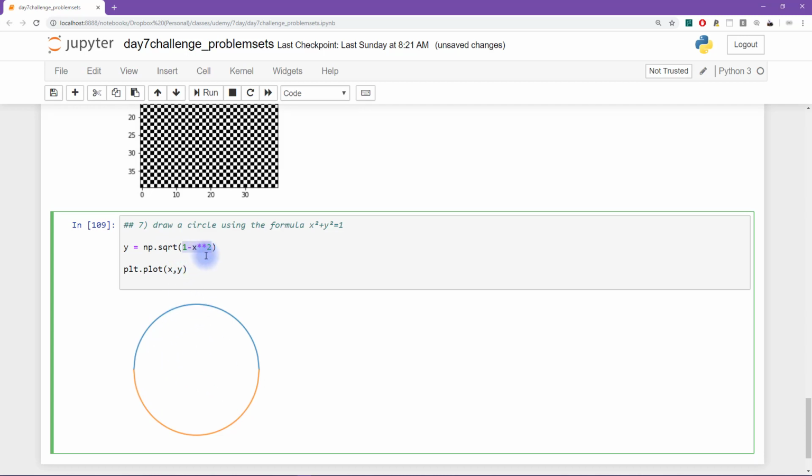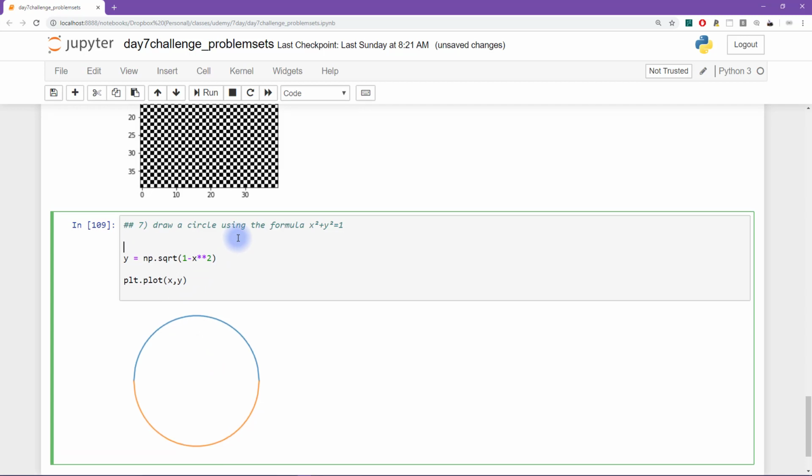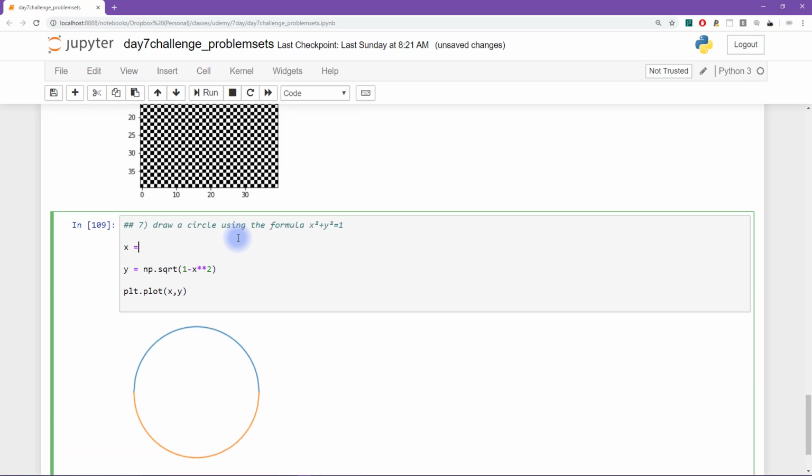So therefore, x has to be between -1 and +1. So I'm going to write numpy.linspace -1 to +1, and I'm going to write 100, despite your protests that I shouldn't be using such a nice, neat round number. All right, so let's see how this looks.